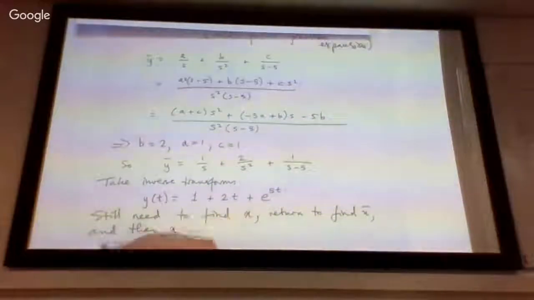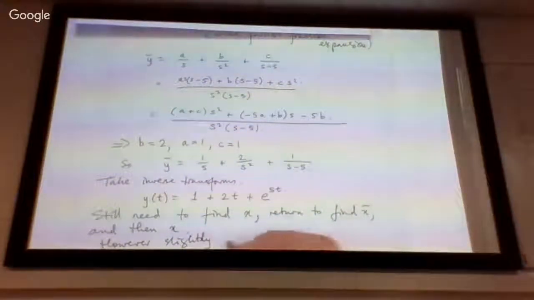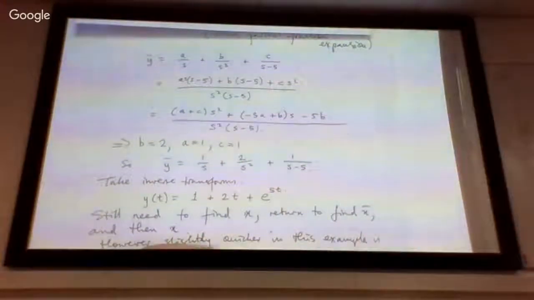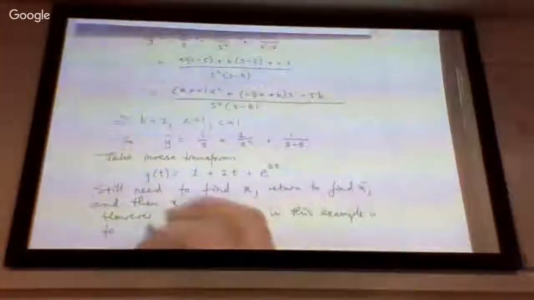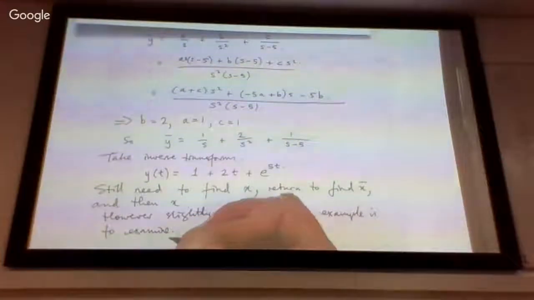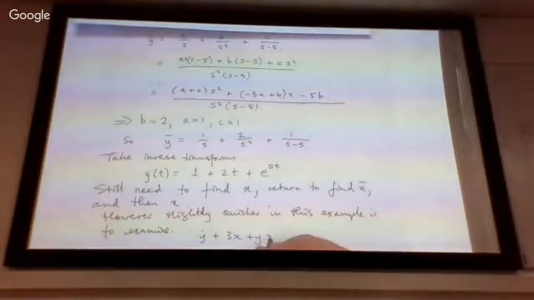However, slightly quicker in this example is to examine the second of the original ODEs, which was y bar plus 3x plus y equals 2t.